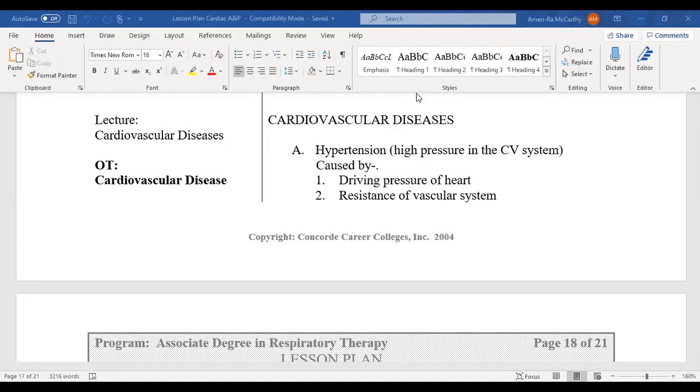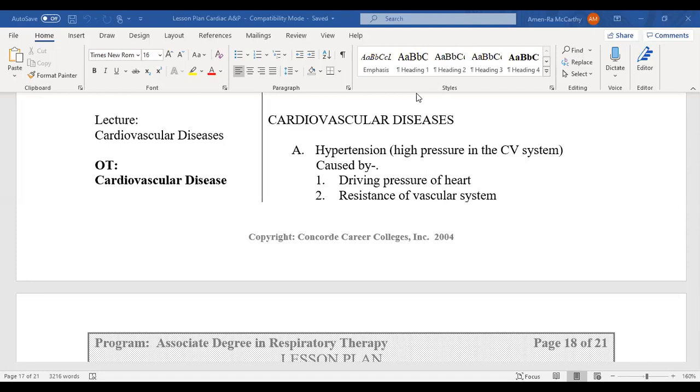Then the blood trying to get into the left atrium is becoming what? Backed up. It's a backup. And if it backs up from the pulmonary vein, it's going to go back up into, where's it coming from? The lungs. The pulmonary veins is the blood coming back from the lungs, right?